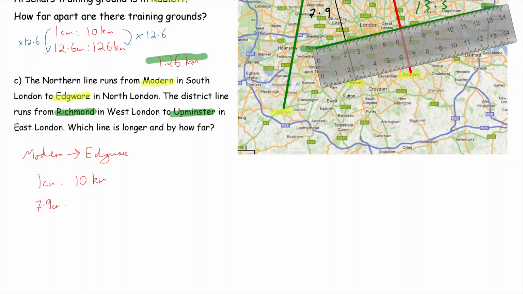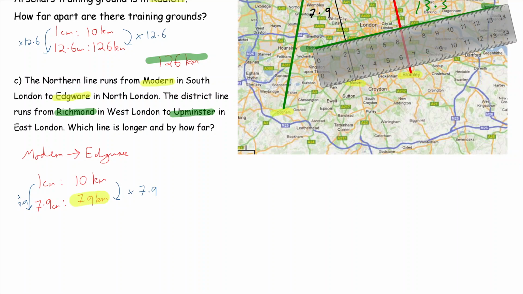To get from 1 to 7.9, we're timesing by 7.9. Do the same thing over here and times through by 7.9. And 10 times 7.9 is going to give you 79 kilometres. So that's your distance from Modern to Edgware.